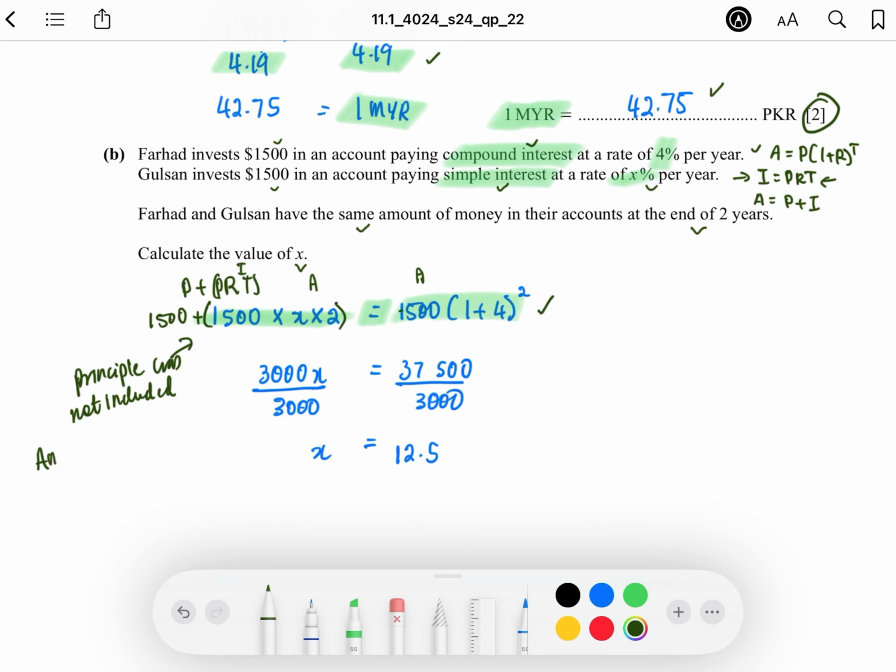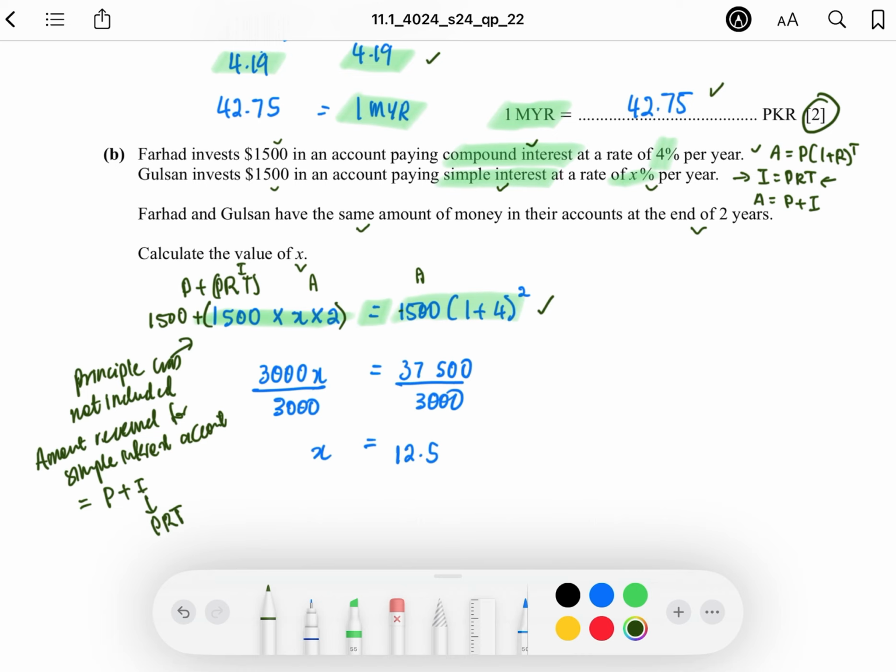Amount received for the simple interest account should be the principal plus the interest, where interest is the principal multiplied by the rate multiplied by the time.